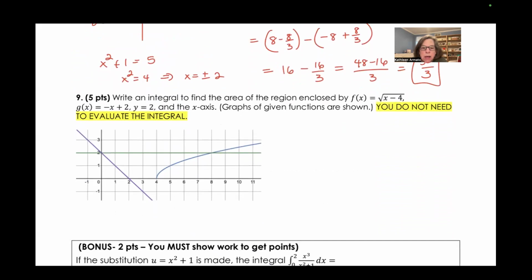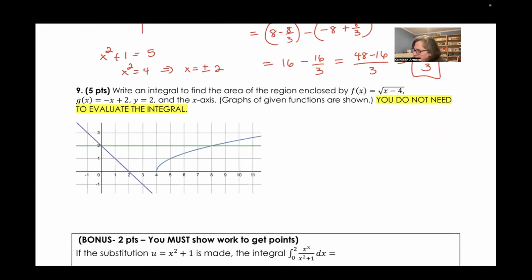All right. And the last integration problem, or the last area problem, or the last problem on the test, you just had to set up the integral. If you were to do vertical rectangles, notice how the top for all of these is 5, but the bottom changes.